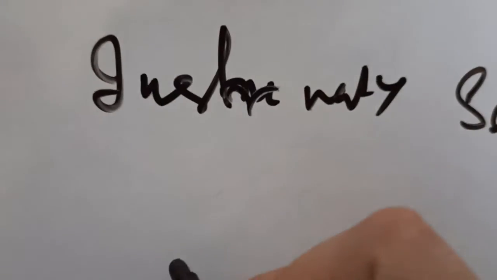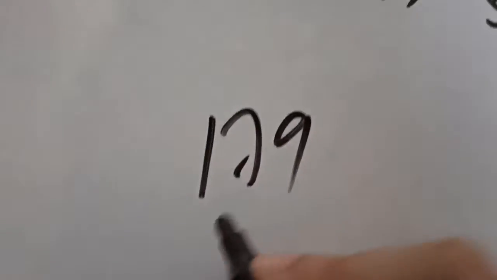There are a total of 179 latitudes present on the earth's surface.